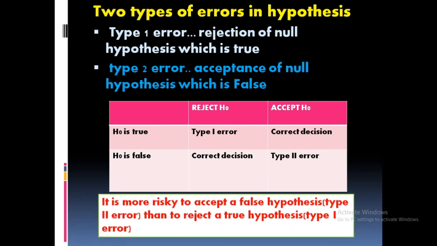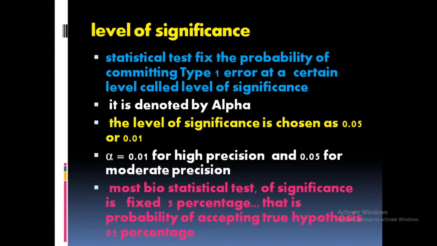Clear? See, it is very risky to accept a false hypothesis, a type 2 error, rather than to reject a true hypothesis. So, the second case, type 2 error, is more complicated. In order to avoid these situations and minimize type 2 error, there are certain criteria known as level of significance.